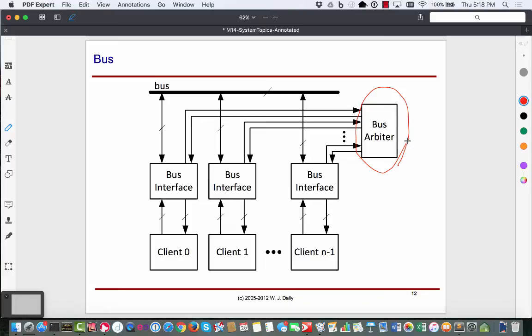What the standards define is the protocol for talking over those wires, and what the arbiter does. And there are standard buses out there in the industry. The PCI bus is the reason I mention it, because the most common bus on our normal computers is something called PCI Express. So you can buy cards for standard PCI and PCI Express.